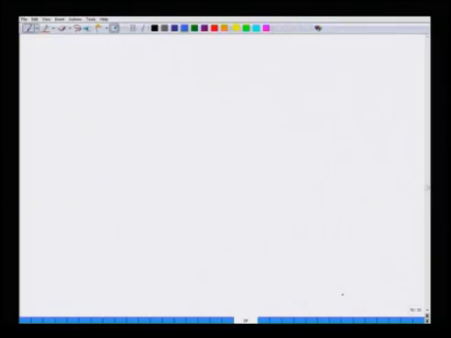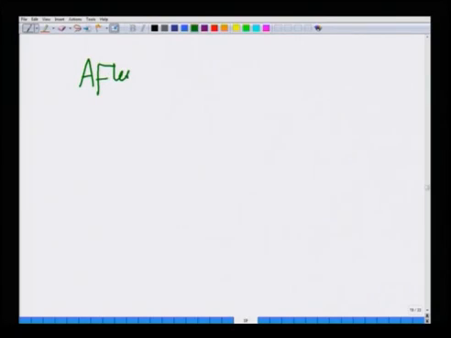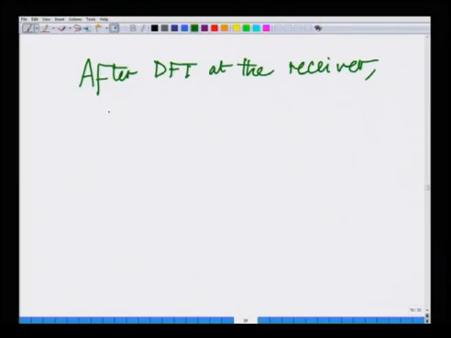Now, let us consider a DFT. What happens when we take an FFT of these received symbols with a carrier frequency offset at the receiver. Similar to what we did before, we want to compute Y_L, which is the received symbol across the Lth subcarrier, the Lth coefficient.